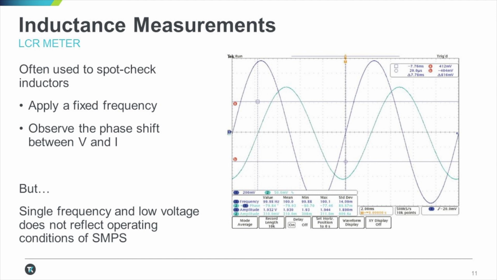Now this is useful, but it is useful at a single and typically lower frequency point, and typically at lower voltages. So regretfully, it does not really help us in actual operating measurements in circuit conditions.